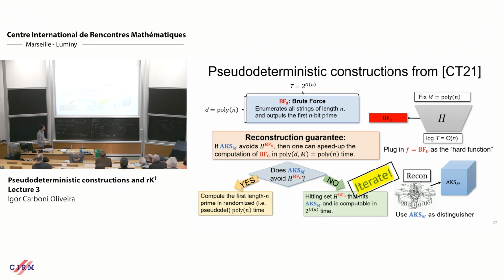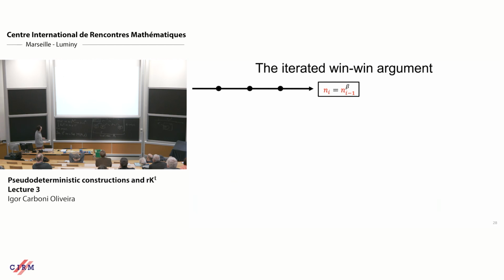Okay, so we're going to iterate the idea now. We're going to be looking at more than two input lengths. The next input length is some polynomial in the previous input length with exponent beta. So we consider initially the trivial brute force procedure that takes 2 to the n time. Let me keep track of it here.